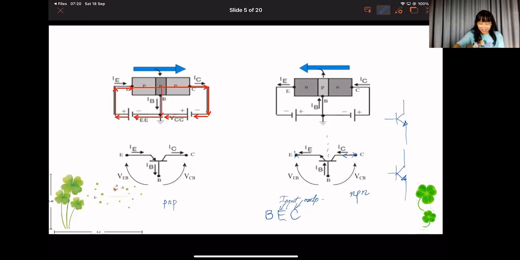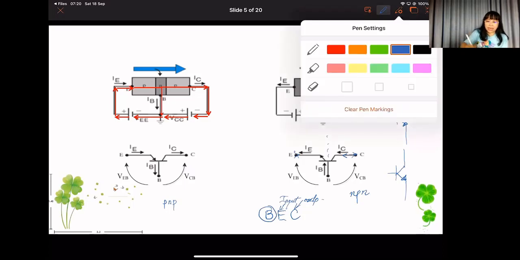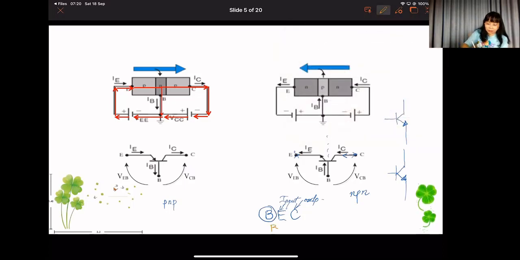And of course, we have the common terminal of the BJT transistor. We have B. In this case, we have the common base, very important. It means the output voltage and the input voltage share the common point.